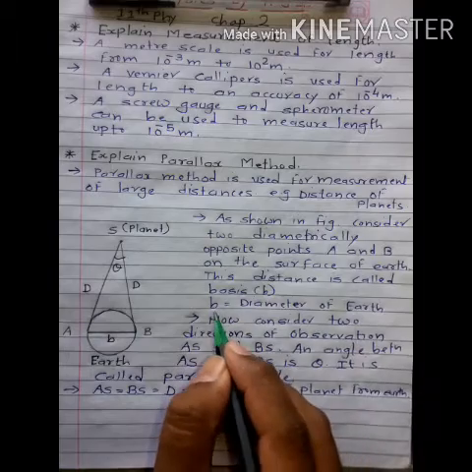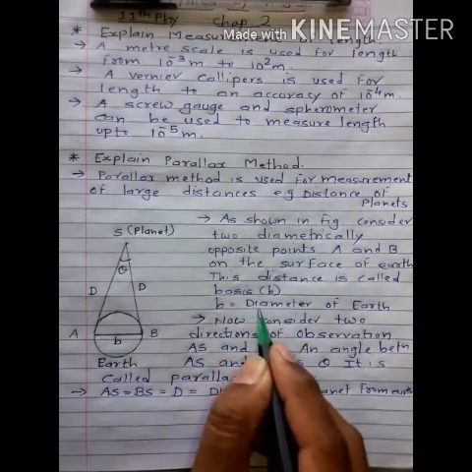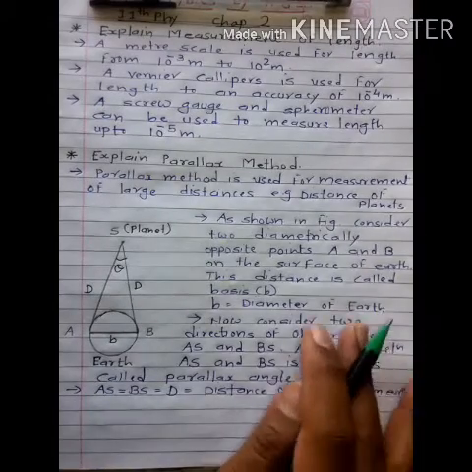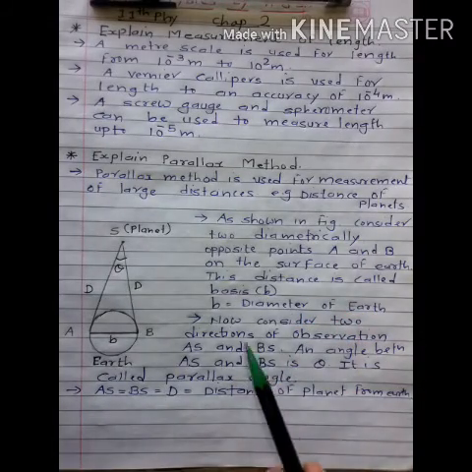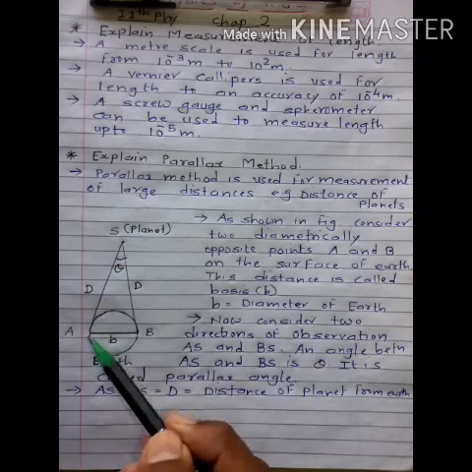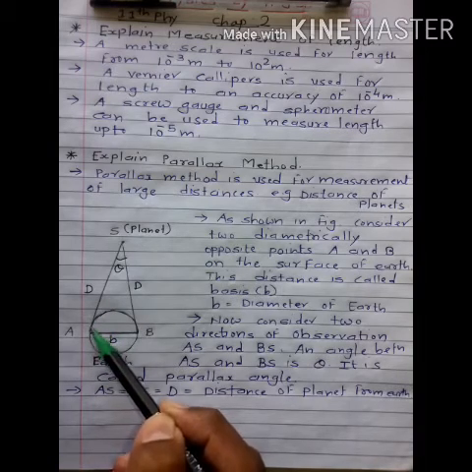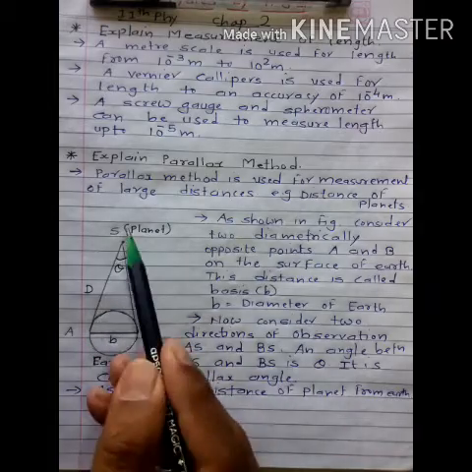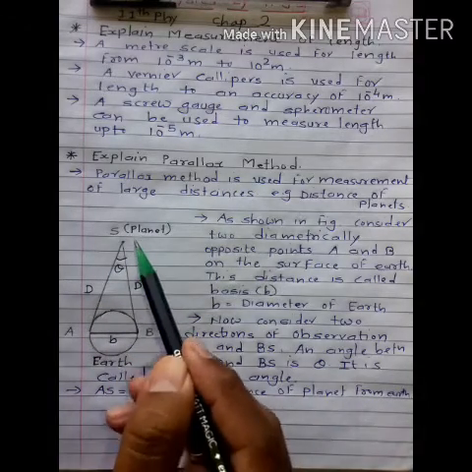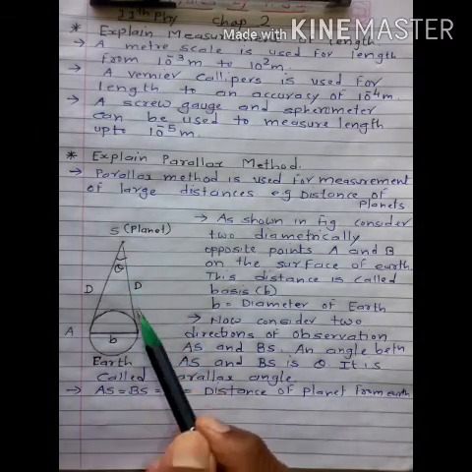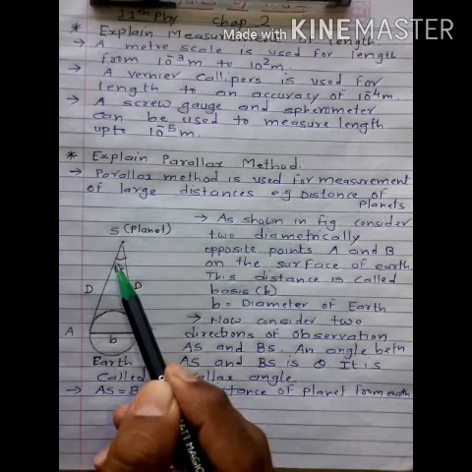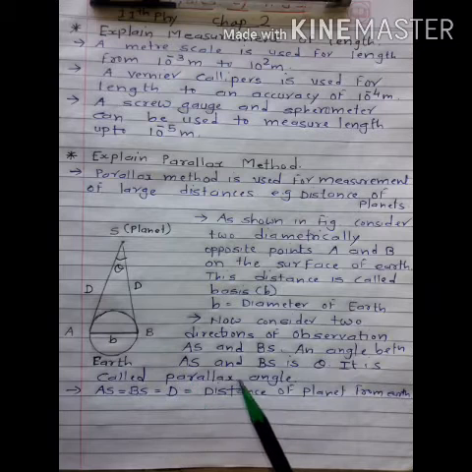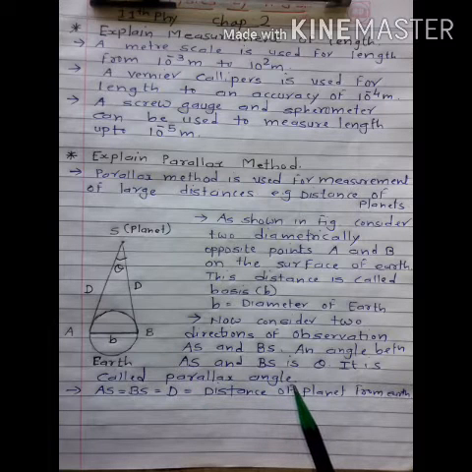Basis, small b, is nothing but the diameter of earth, and remember this point, this is our standard quantity. Now here we are going to consider two directions of observation. This is first direction of observation AS, clear, and this is second direction of observation BS, while the angle between these two directions of observation is theta, and this angle is known as parallax angle.